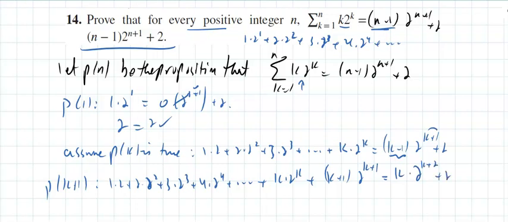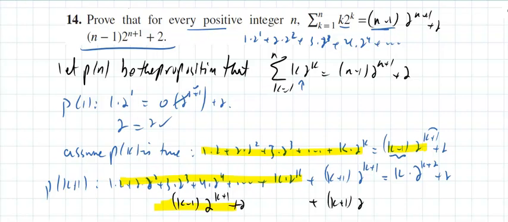But I made this assumption. So this whole mess, I'm going to get out of it k minus 1, 2 to the k plus 1 plus 2, plus k plus 1 times 2 to the k plus 1.